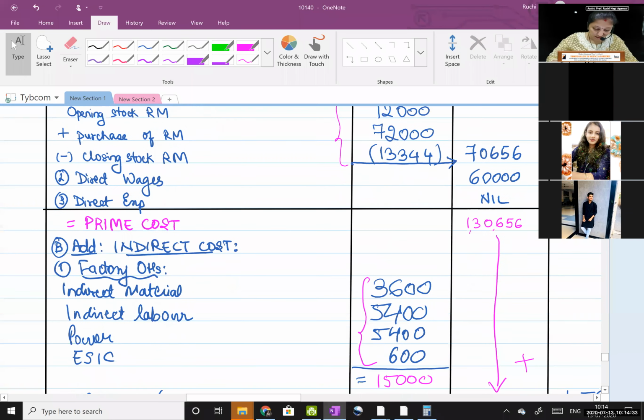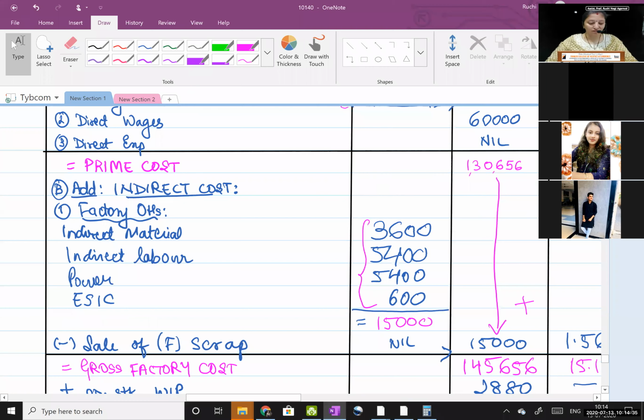Next come to indirect cost. Under indirect cost, first is factory. Okay, in factory you have 4 items: 3,600 indirect material, 5,400 indirect labor, power 5,400 again, and ESIC 600.